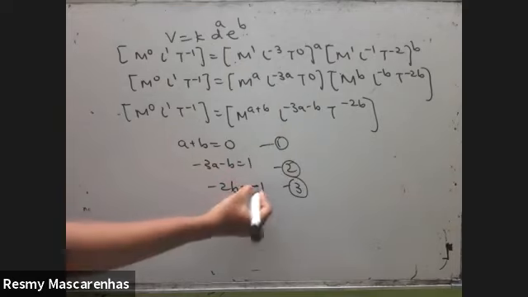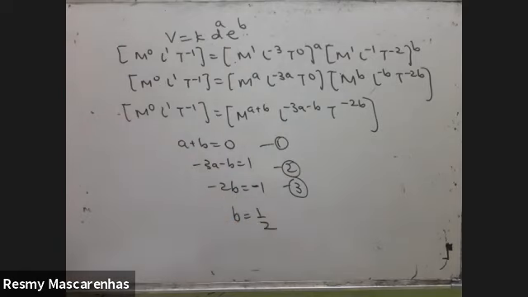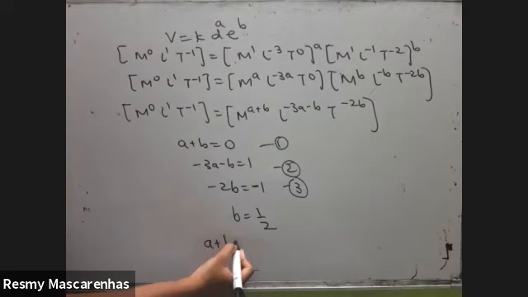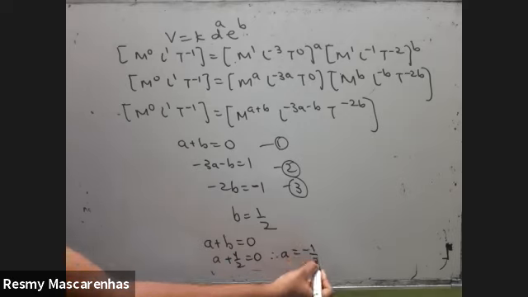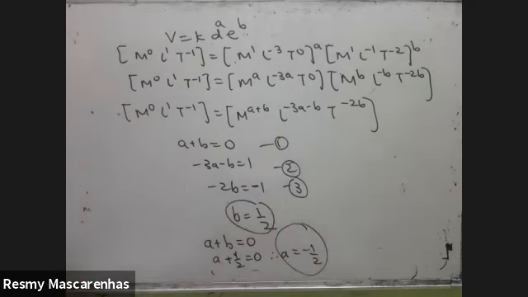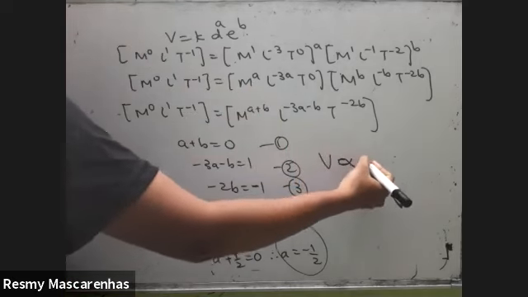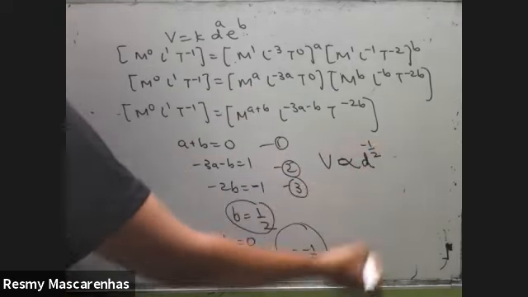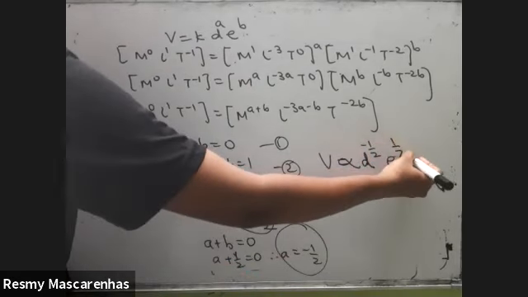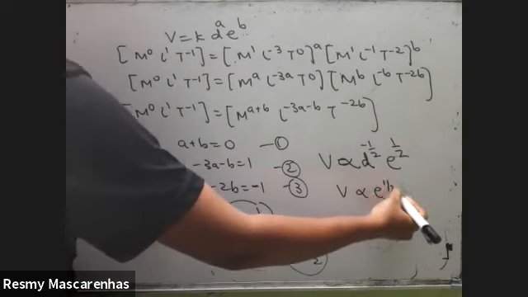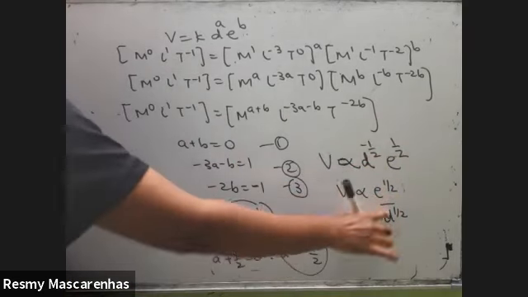So from this, you'll get B as half. So definitely A will be minus half. Only two terms here, A and B. D will go down because this is minus.